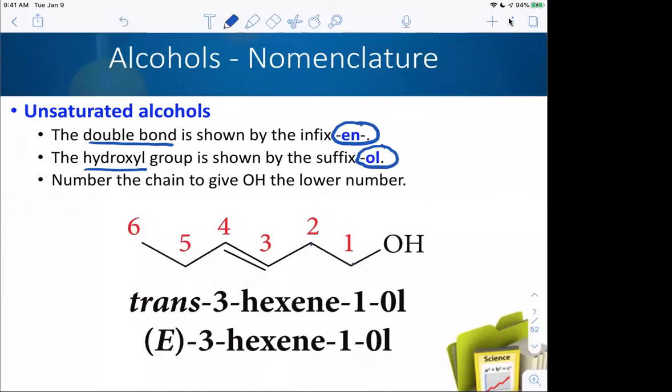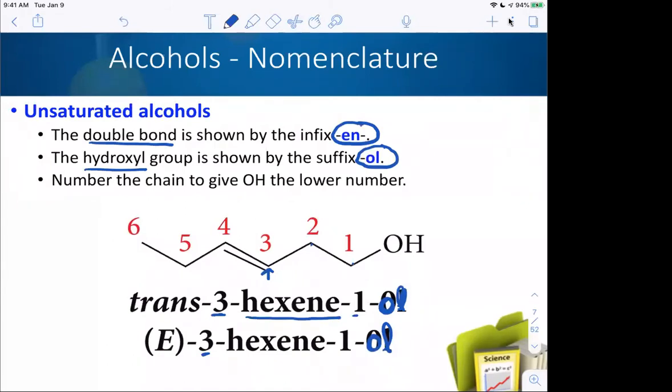I have 1, 2, 3, 4, 5, 6. On my 1 carbon, this is my OL, right? This is the hexanol. And then notice on my 3 carbon, I have my hexene. So I'm locating the double bond first, and then I am putting in the alcohol.